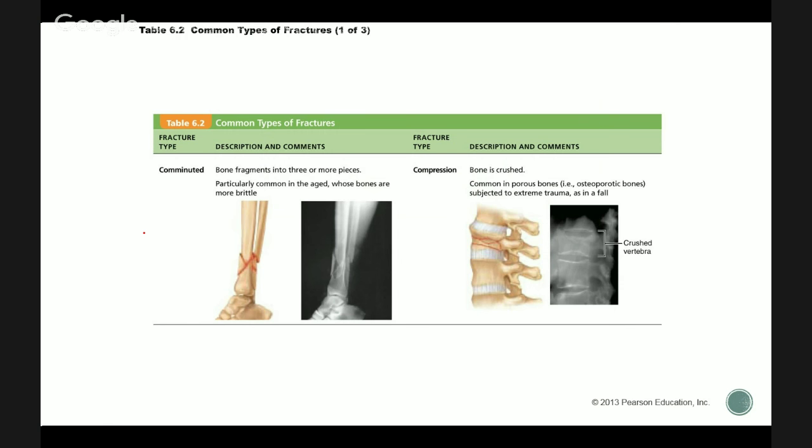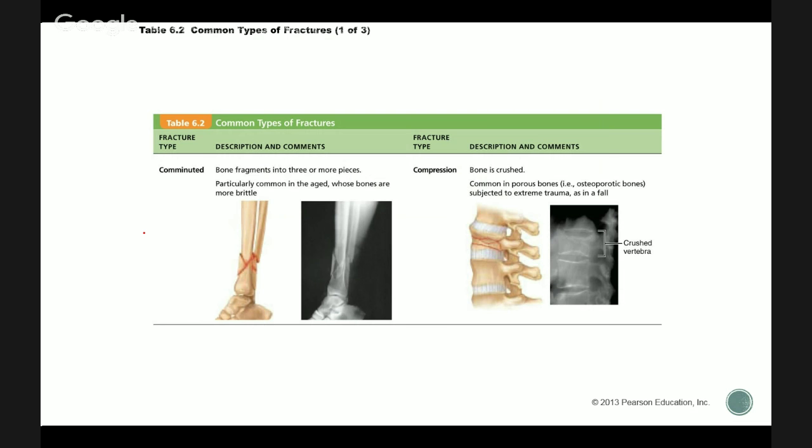All right, let's hop to the fractures. There are different types of fractures, and you'll see them listed here in the table. Some look really great, some don't look so fun. Crunch the bones together, that's a comminuted fracture. Let's say if you fall from a significant height, compression fracture can happen.